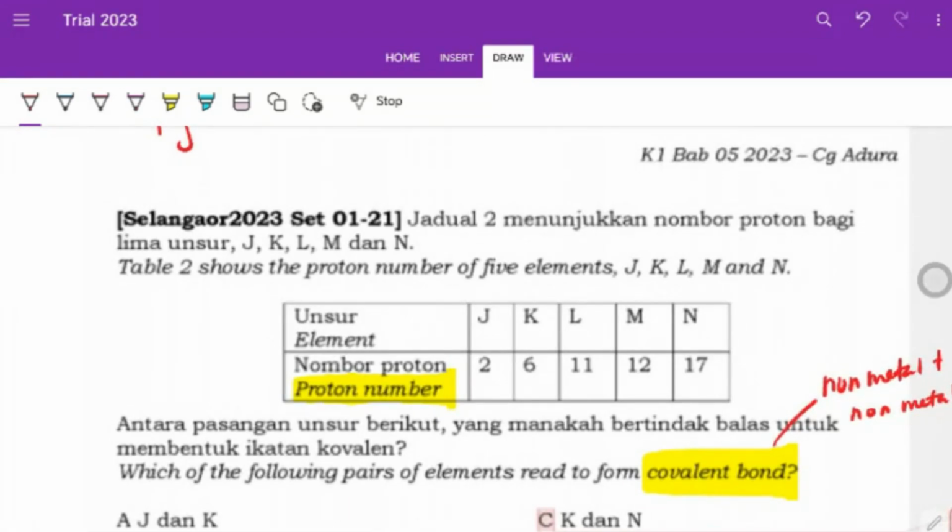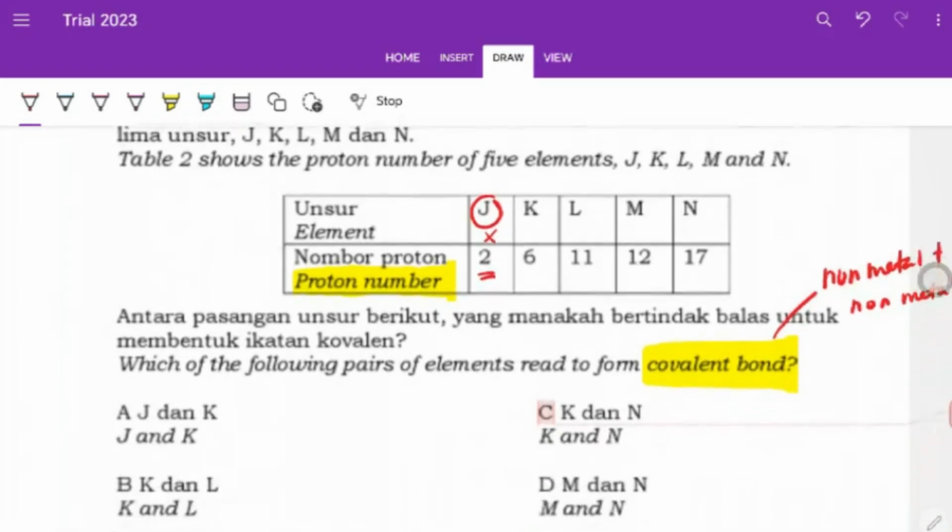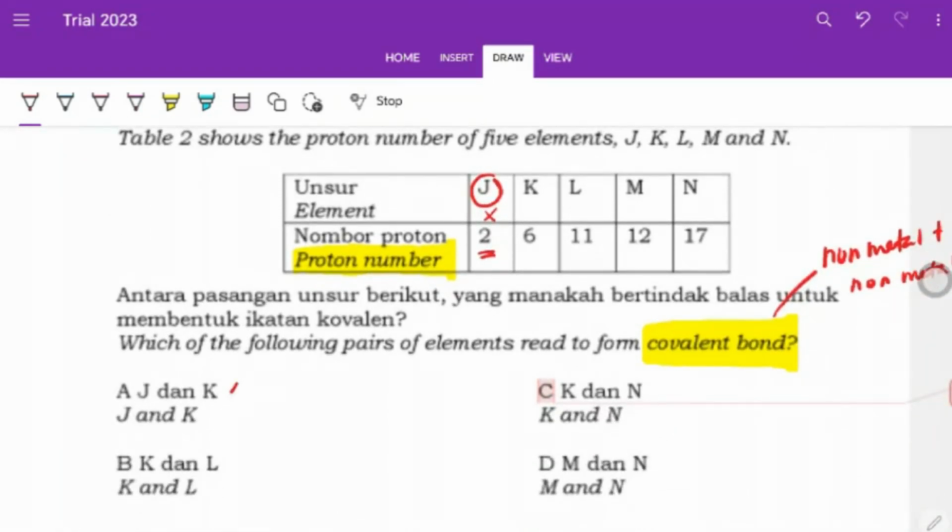J proton number is 2, so electron arrangement also 2. So what is J, class? 2 valence electrons, so it's the duplet electron arrangement. So J actually is helium, group 18. Group 18 never reacts.